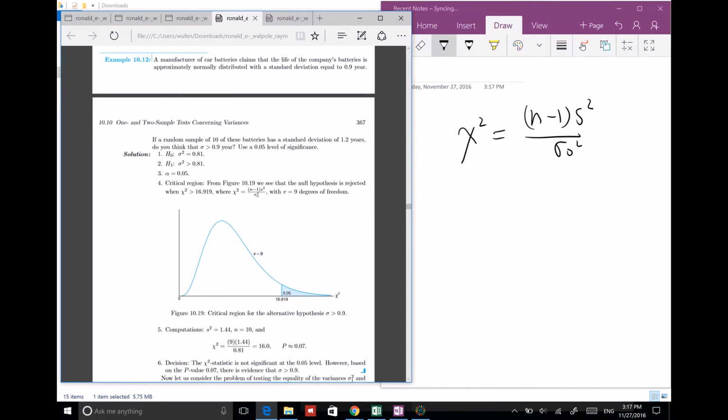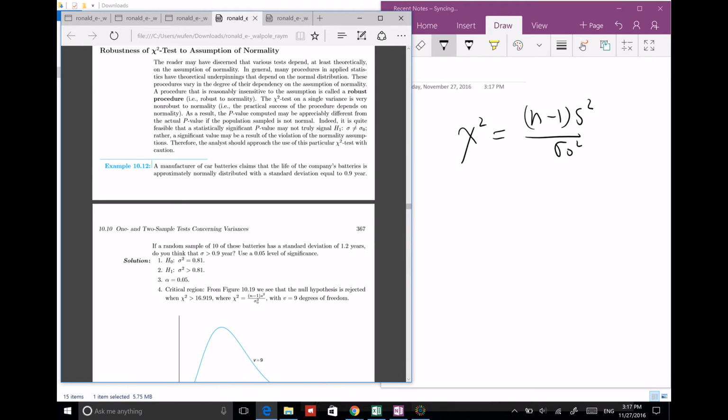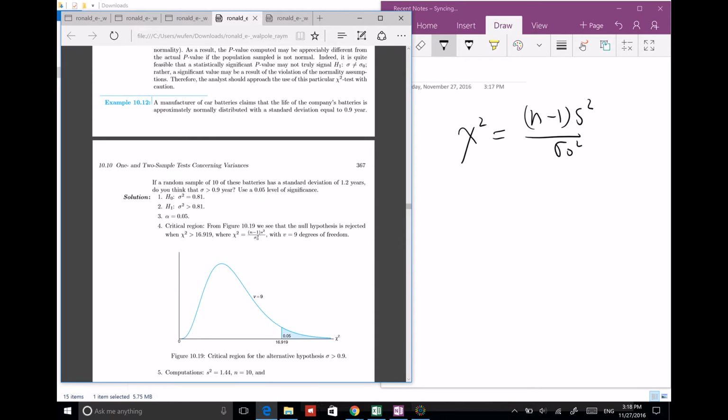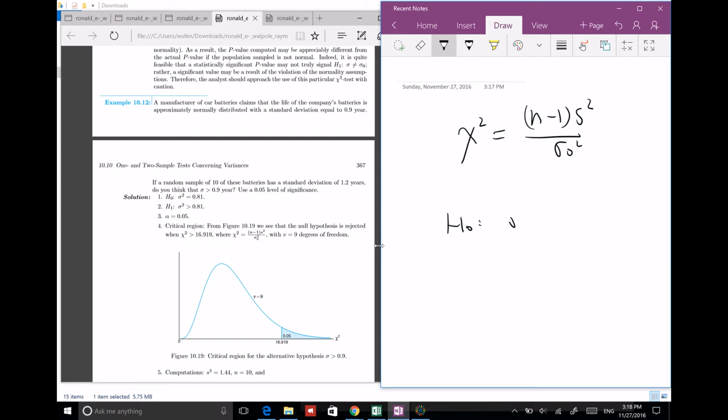Okay, so for example, a car battery manufacturer claimed that the life of the company's battery is approximately normally distributed with a standard deviation equal to 0.9. A random sample of 10 of these batteries has a standard deviation of 1.2, and you think that sigma is bigger than 0.9. So now the null hypothesis is sigma square equals 0.81, and the alternative hypothesis is sigma square is bigger than 0.81, because sigma is bigger than 0.9.